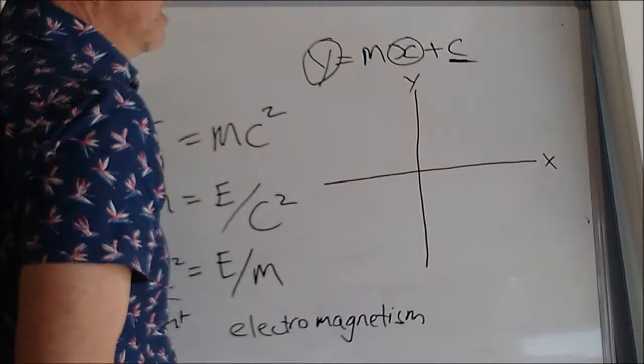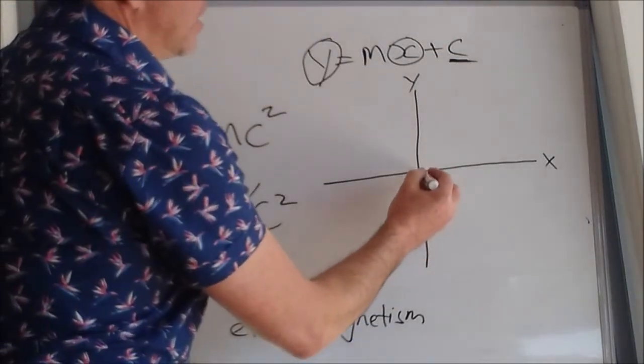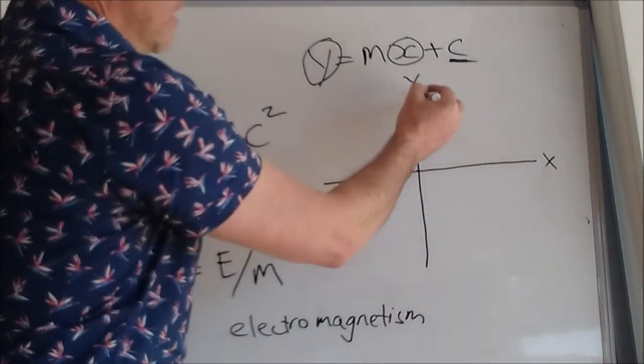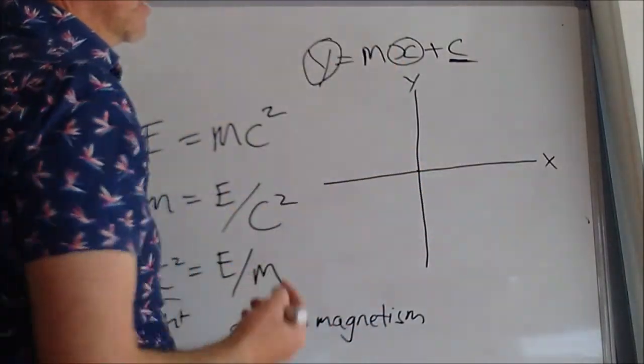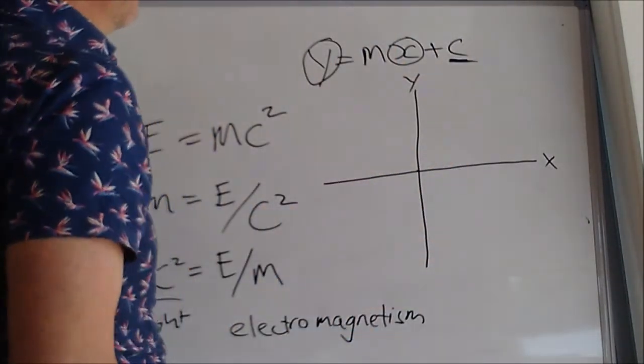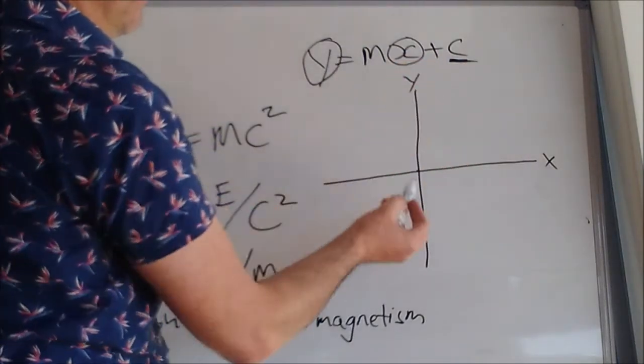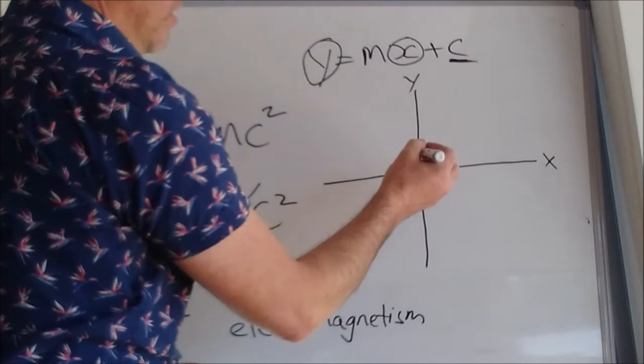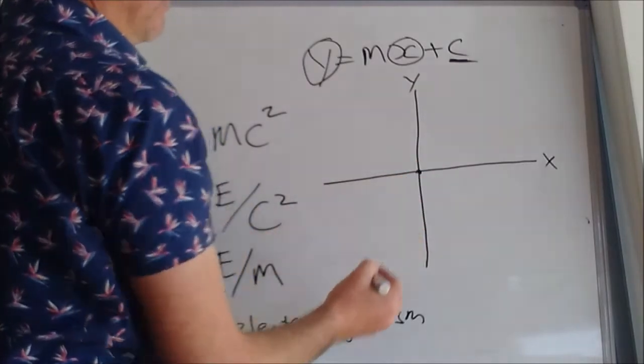Position of C is the location on this line here, the y-axis. If C is positive, then it's going to be above 0. If C is negative, it's below 0. If C is 0, then it is at this point here.